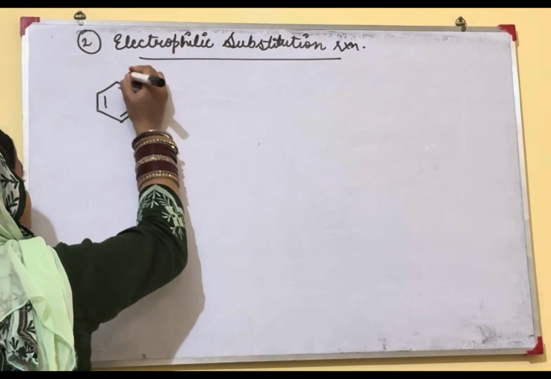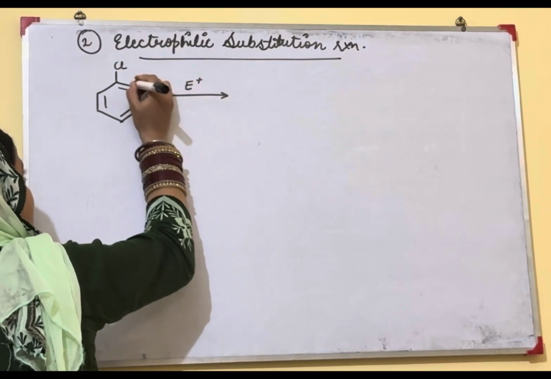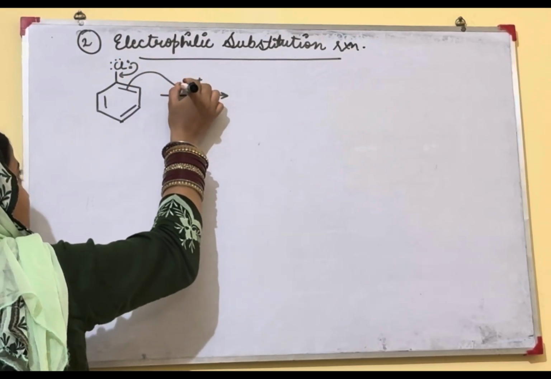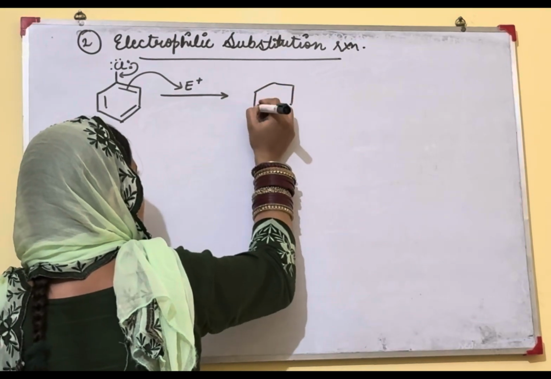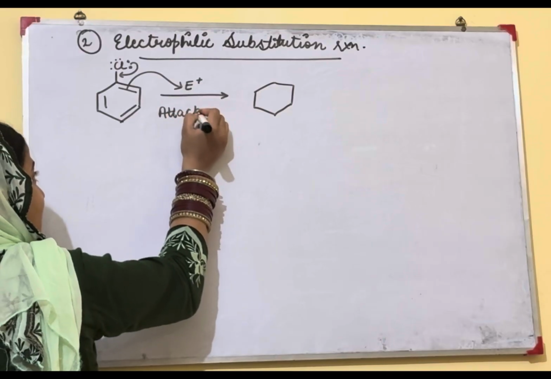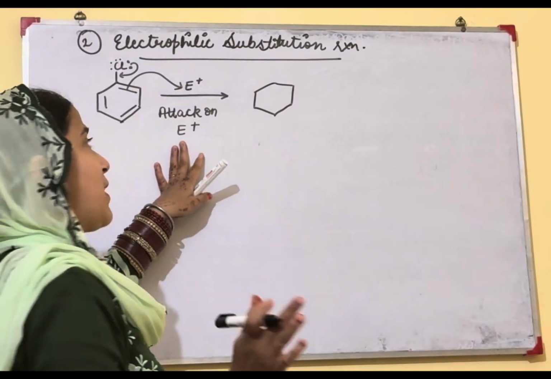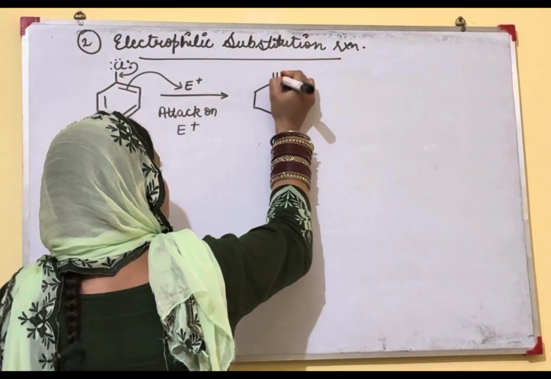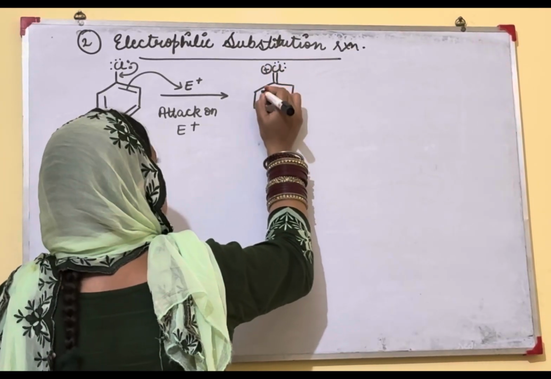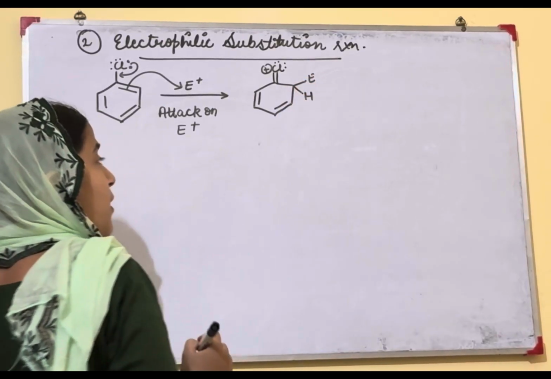What will happen? This is chlorobenzene. Its electrons will move here and this will attack on the electrophile. The first step is the attack on the electrophile. Then after attack, what will we get? There is the positive sign, and this bond will be here, this bond will be here, and the electrophile will be attached here.